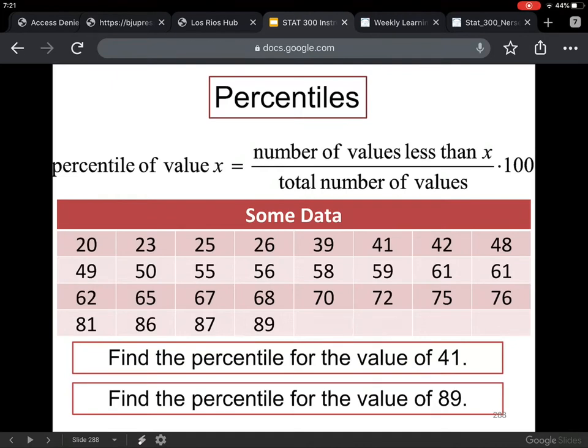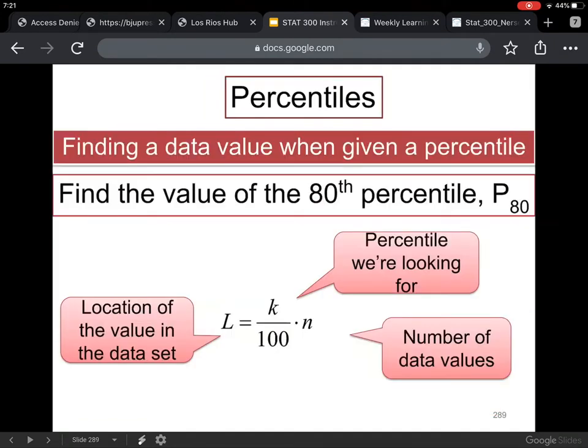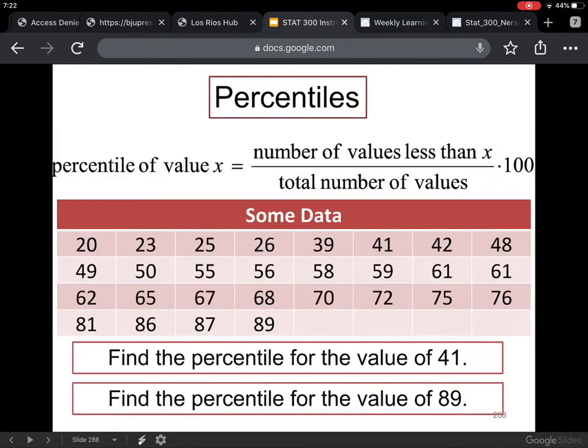So with this exercise, what we did was use this formula twice to find the percentile of a particular x value. Another thing that we would want to do is find the value of the 80th percentile. So this is like going backwards. Over here we asked, given a value like 41, what is its percentile?